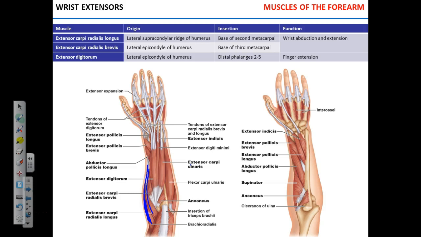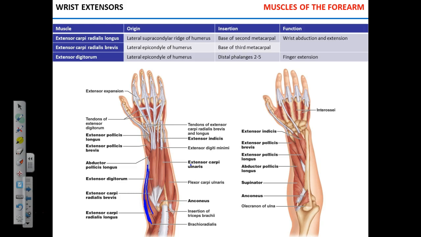Can you see that? So 19 and 18. 19 is extensor carpi radialis longus, and 18 is extensor carpi radialis brevis.